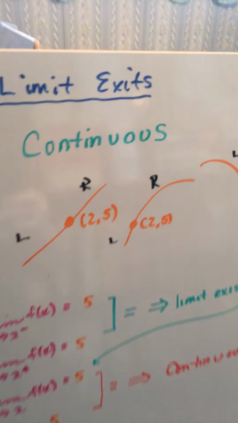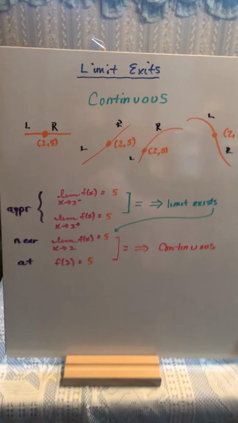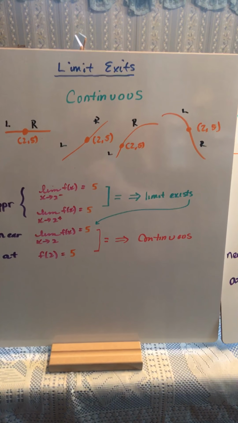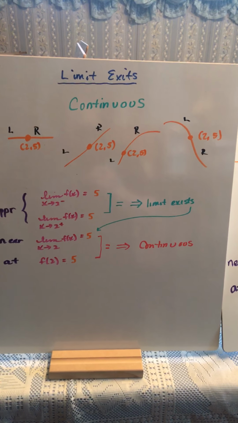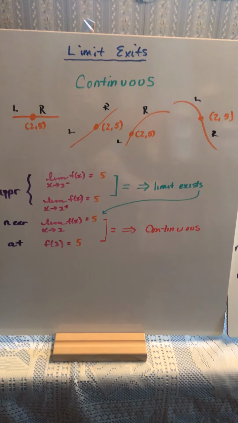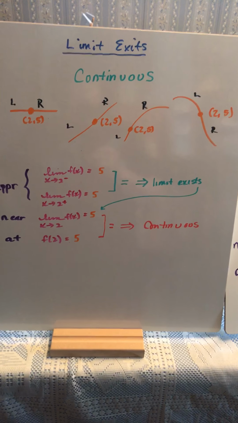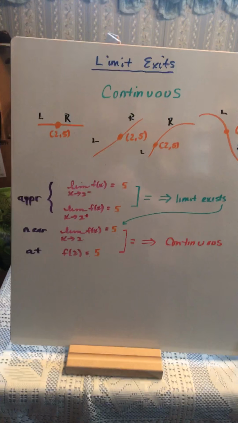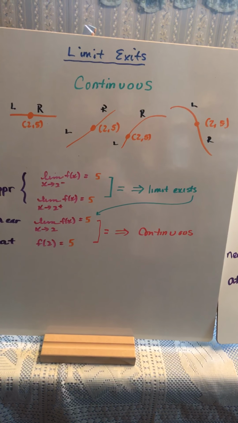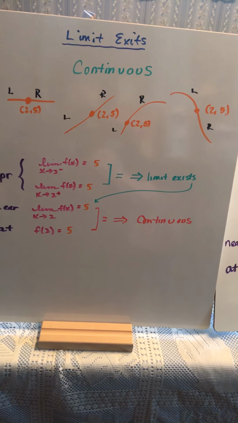Moving onward. Okay, limits exist. You're continuous. Notice I've given you several graphs here: horizontal, oblique, and a couple of curves that we go through. For the left side, just put your hands on the point. Wherever your left hand goes is the left side, the right side, a lot like how we did in behavior, folks. So the limit as x approaches 2 from the left in the first picture, the second, the third, and the fourth is 5.